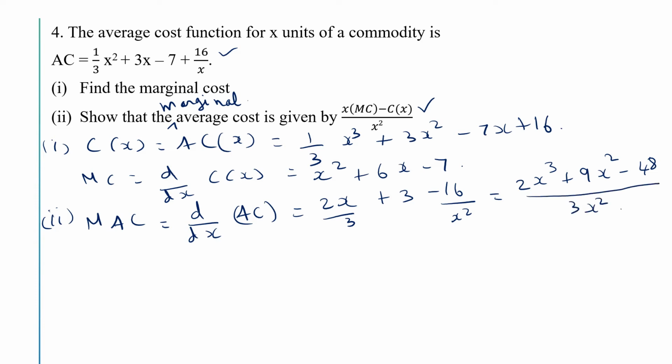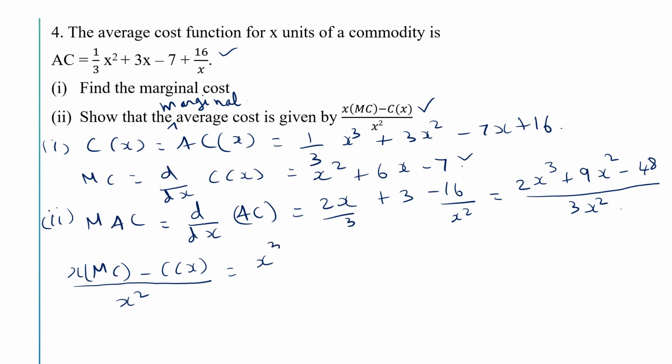Now we will find x into marginal cost minus c of x divided by x square. So this is equal to x into marginal cost, which is x square plus 6x minus 7.